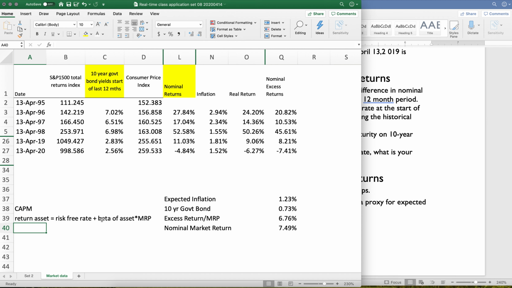If you consider the beta of the asset is 1, because the beta of the market is 1, and the market risk premium is this excess return right here, then all you have to do is add the risk-free rate to get the return on the market.